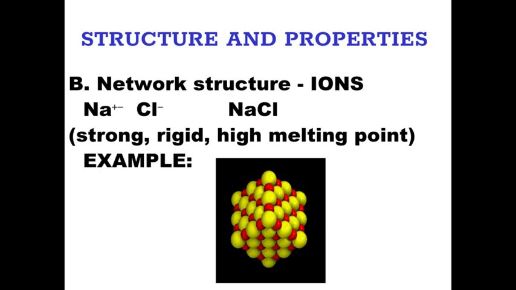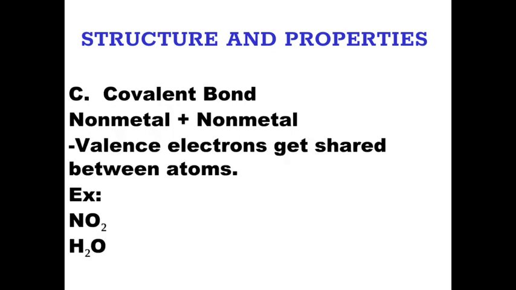So then we get to looking at exactly the structure, right? How does this positive ion get attracted to the negative ion, and what does it look like if I were to look at it? And so what I see here is a very cuboidal structure, which means it's strong, it's rigid, and has an extremely high melting point. Okay.